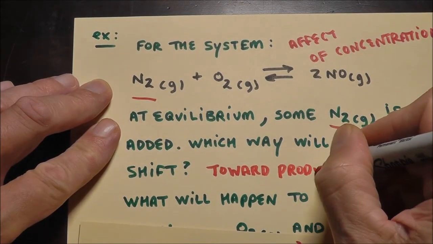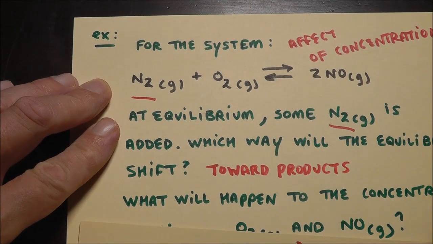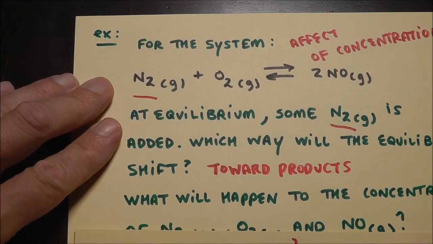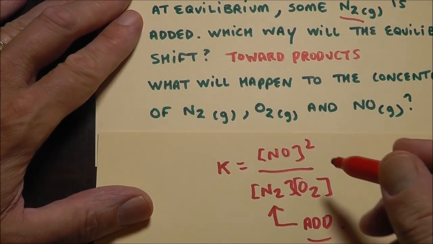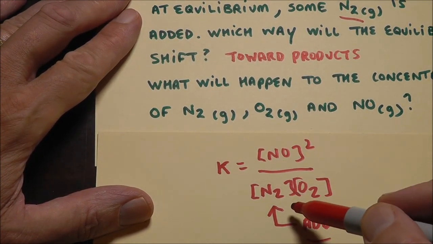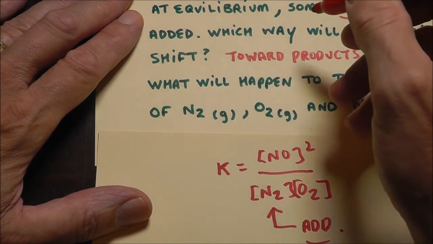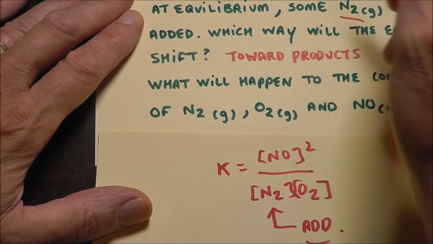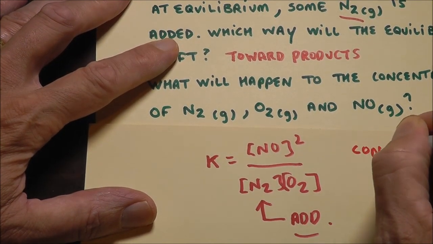So the rate of the left to right reaction, or forward reaction, will increase until we make this concentration of NO larger. Let's talk about the concentrations.